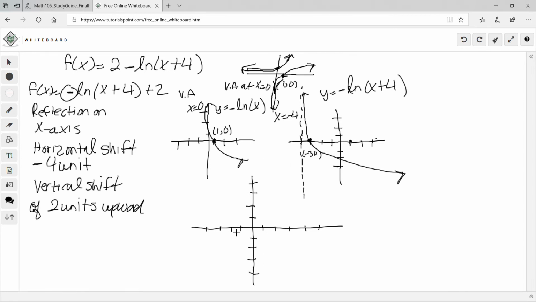So at negative 3 comma 0, 1, 2, our vertical asymptote is right here, x equals negative 4. So this is no longer negative 3 comma 0, but it's going to be negative 3, up 2. So it's going to be right here, which is negative 3, positive 2. So it's going to look something like this.